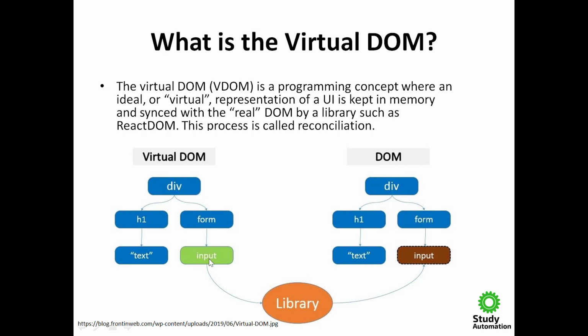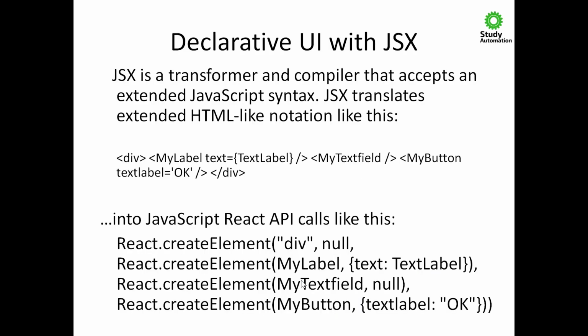If you enter anything in an input box, using the library, it will modify the actual real DOM. This is one of the benefits. If you modify, delete or add anything, it will not hamper the real DOM, and it is quite fast when we work with React.js.